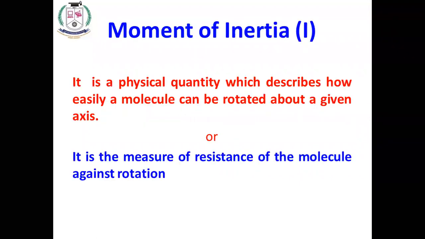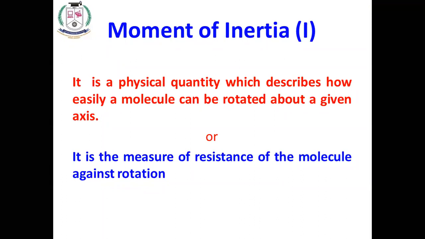Now, the classification of molecules based on moment of inertia. Before classifying the molecules based on moment of inertia, we should know what moment of inertia is. The moment of inertia is a physical quantity. It describes how easily a molecule can be rotated about a given axis. This is known as moment of inertia. The moment of inertia formula is I = mu r square.